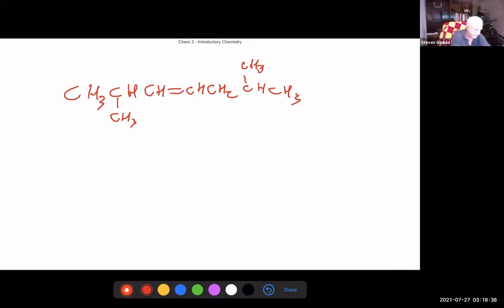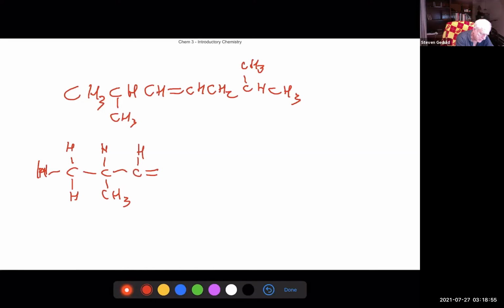So you would have carbon. There's your CH3 group. There's your carbon, hydrogen, CH3. There's your carbon, hydrogen, double bond, CH, CH2, CH3, H, CH3.